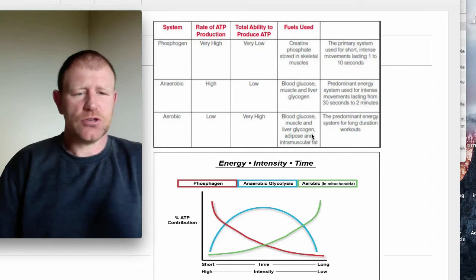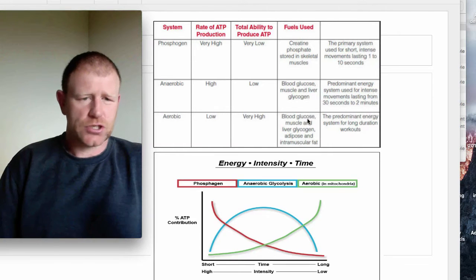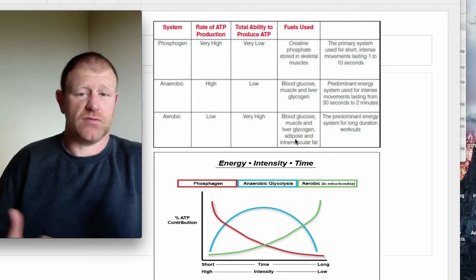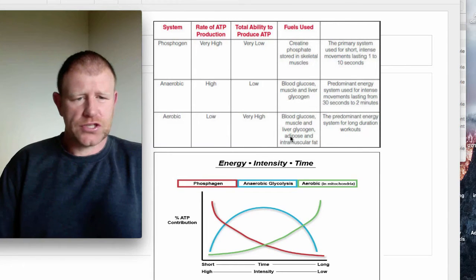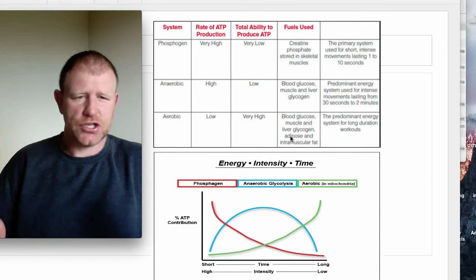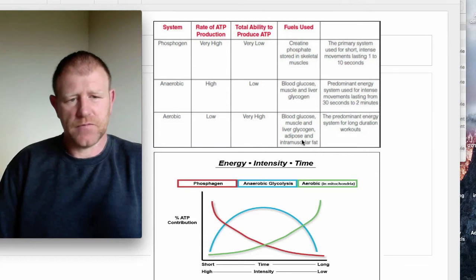Okay, so let's look at where the energy comes from. Blood glucose, that's the sugar in the muscles and the liver, but also adipose and intramuscular fat. Adipose is just fat that's under the skin, and you've got muscular tissue and then fatty tissue, which we call adipose fat.